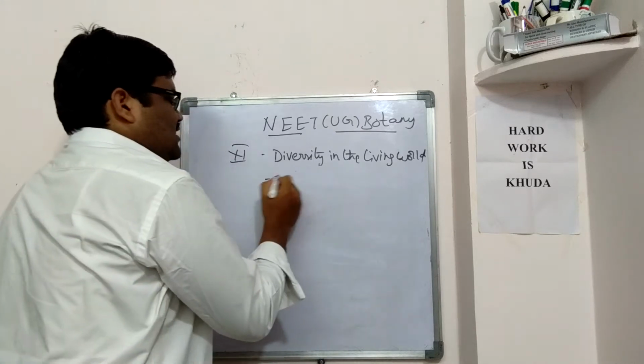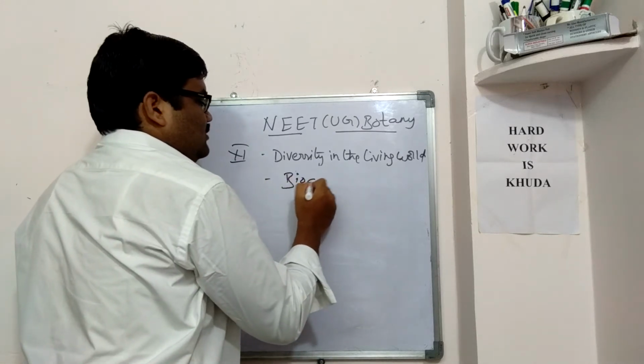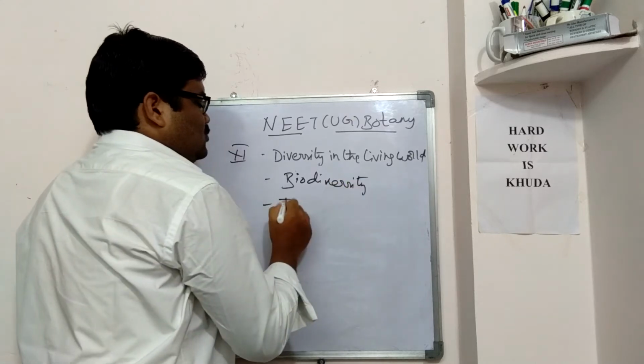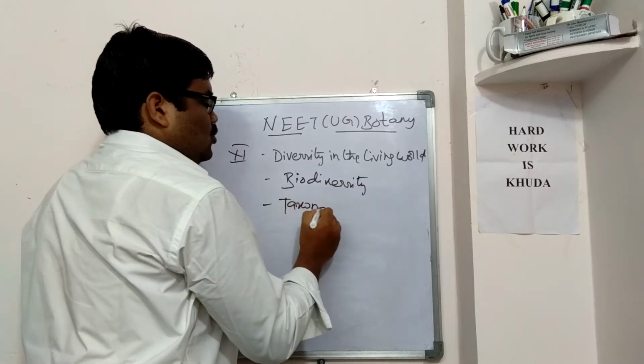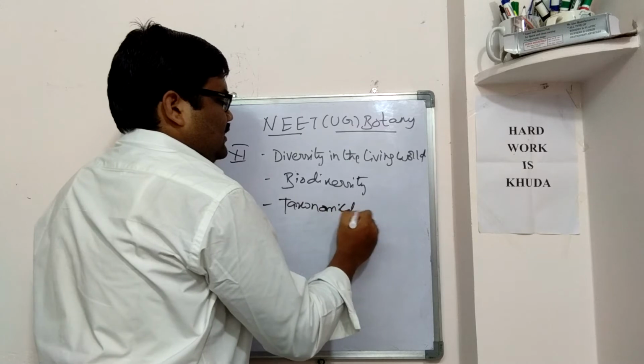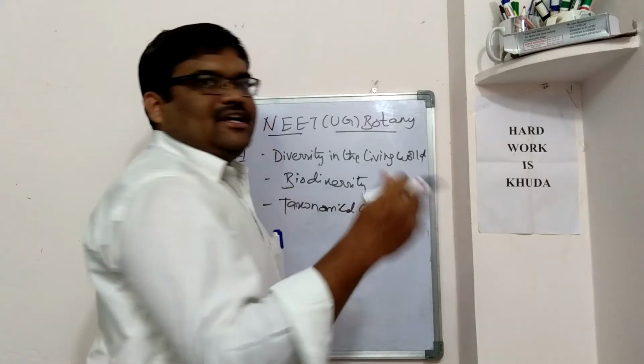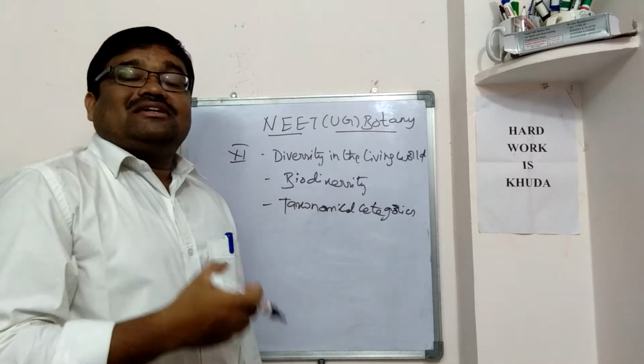Then coming to the other topics, this diversity in the living world broadly deals with the basics. The basic aspects of biodiversity, for example, then the taxonomical categories. It's like definitions. We have to know certain basic words.